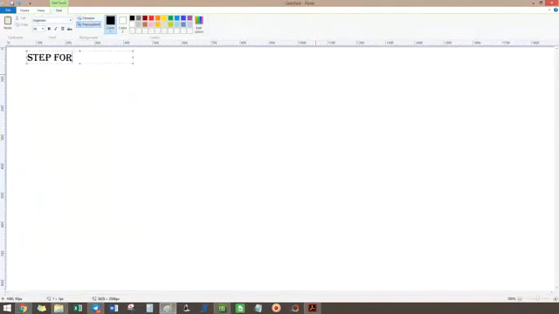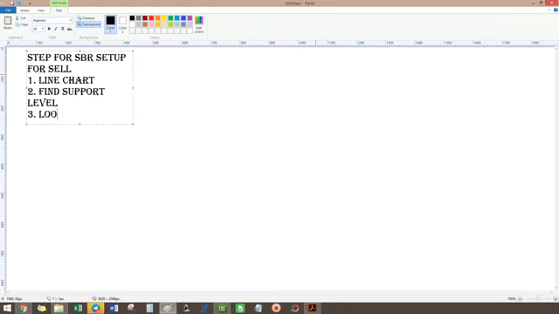Steps for SBR sell setup. First, line chart. Second, find support level. Then look for breakout at this level.